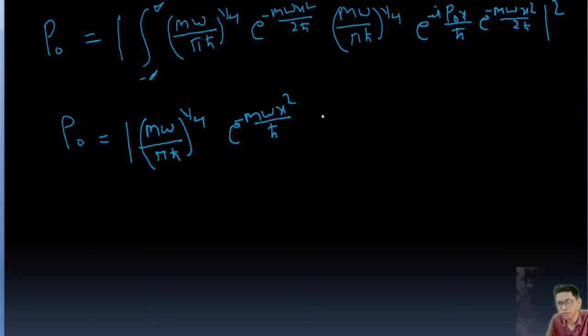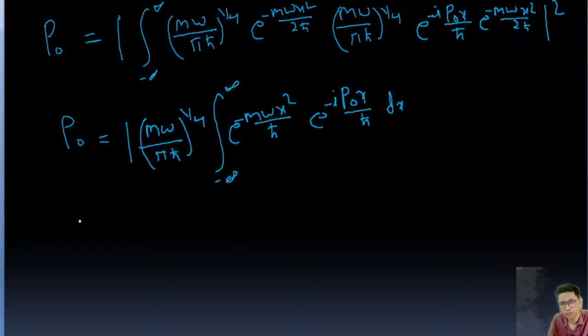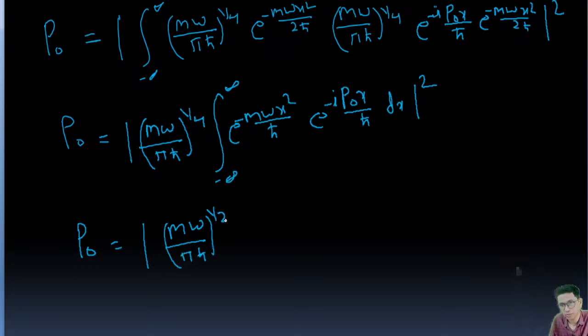And this e to the power minus iota p naught x upon h cut dx, integration from minus infinity to plus infinity. So just p naught then mod square, and the prefactor m omega upon pi h cut to the power 1 by 2, because these will get multiplied.